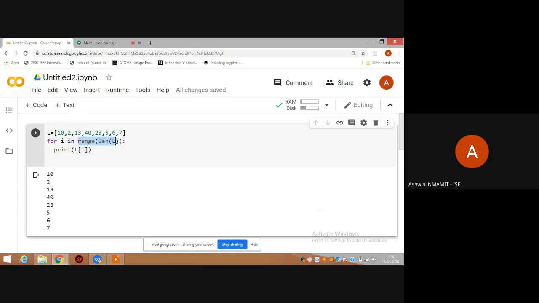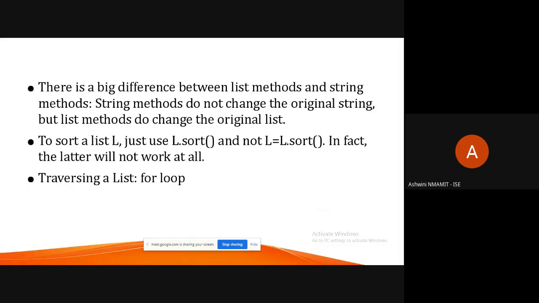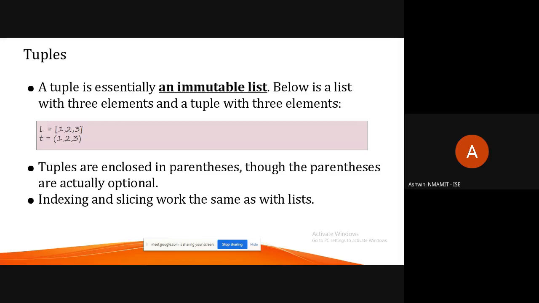So when I give range of len of L, I holds the index position. So that is why we are giving L of I. I can demonstrate this. But if I just give I, it would give me the index position 0, 1, 2, 3, 4. So these are different ways of traversing the list. So that's a basic introduction about the list and some of the methods in the list.